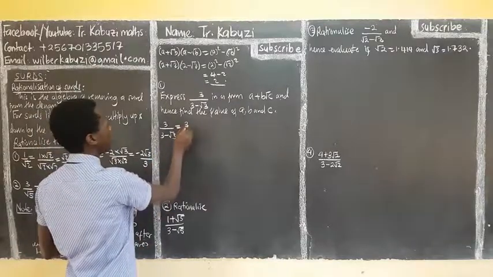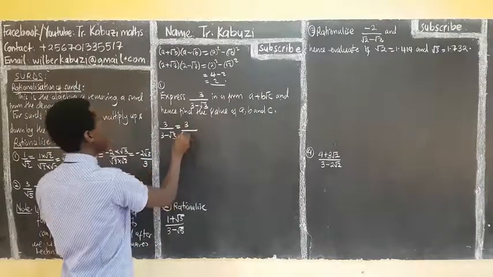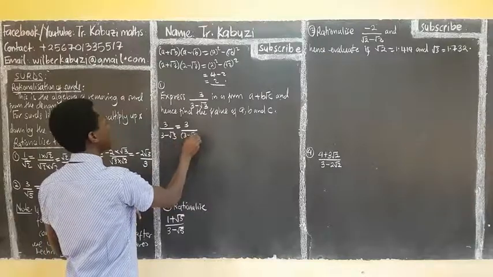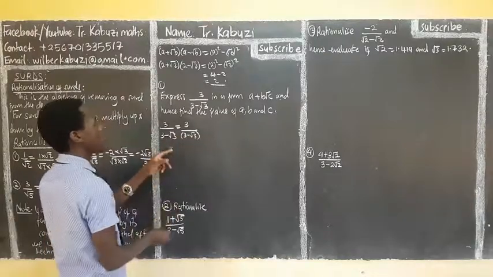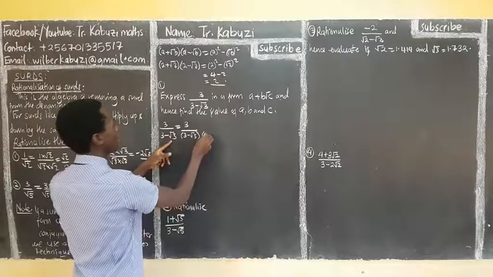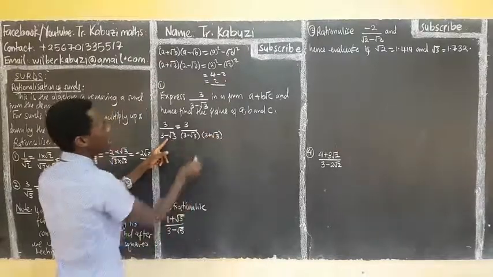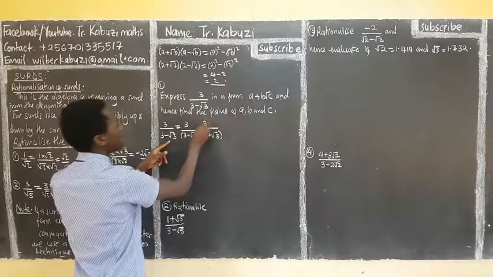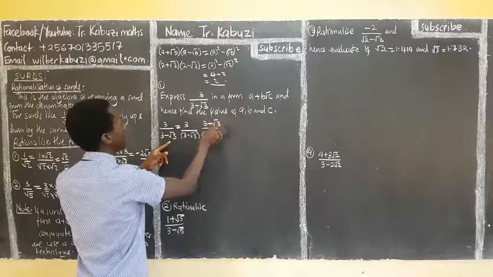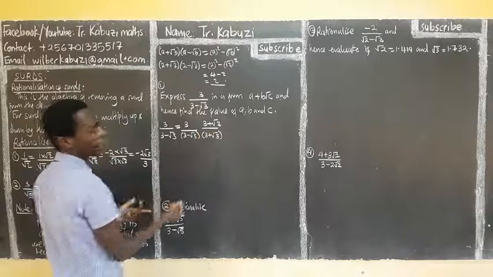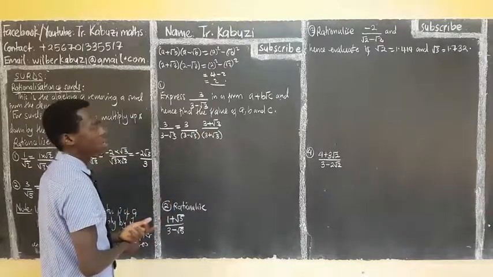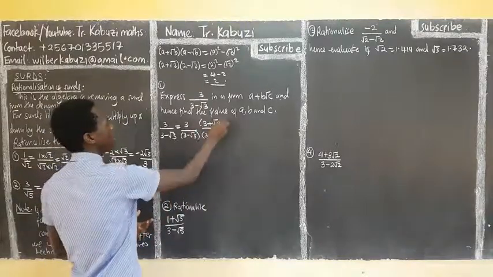So this will be 3, then the conjugate, 3 minus root 3, multiplied up and down. The conjugate is going to be 3 plus root 3. We change the sign. Then we multiply it up and down, so it cancels, meaning I'm almost doing nothing. That's why you multiply it up and down.